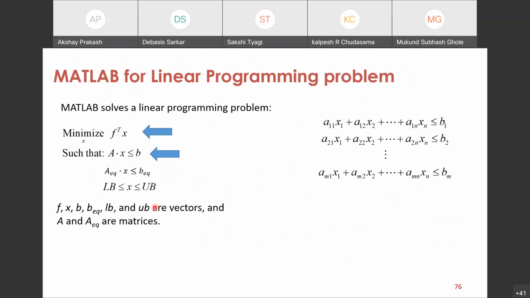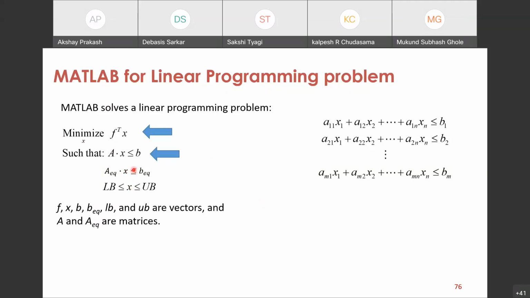I'll show you. So MATLAB basically solves a linear programming problem expressed in this format. Note that as of now, we have stated the linear programming problem as minimize or maximize C transpose X subject to Ax less or equal to B. Okay, so this is not less or equal to, but this is equal to.